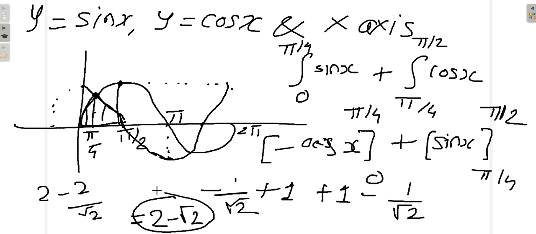Suppose they ask you the same problem but not x-axis. They ask you y-axis. Then you want this area. You are already aware that this 1/4 area is 1 unit. So the required area will be 1 minus what you obtained here, 2 minus root 2.